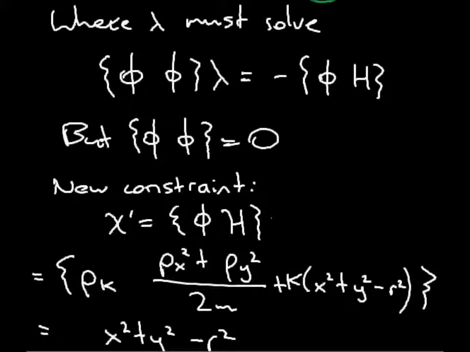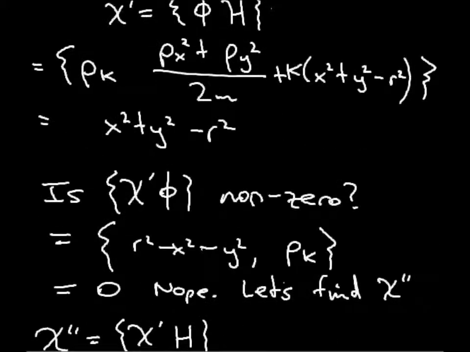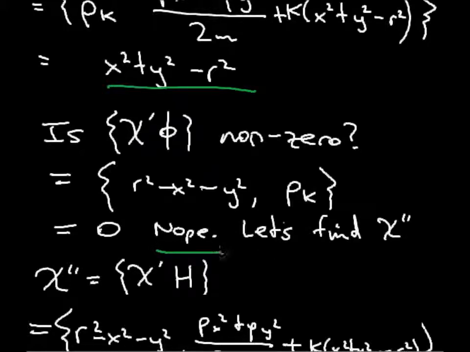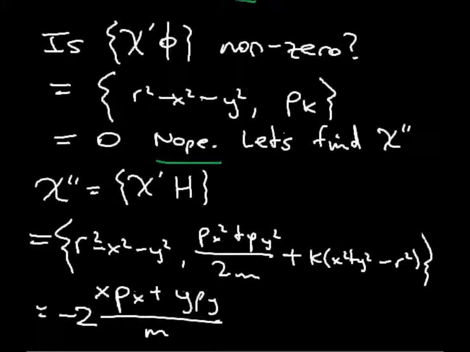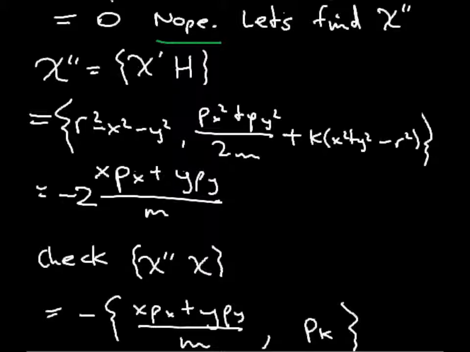Chi dash equals x squared plus y squared minus r squared. Okay, but what is chi prime? Does it generate a consistency equation? No. The evolution of this quantity, chi double prime, has nothing to do with lambda either.